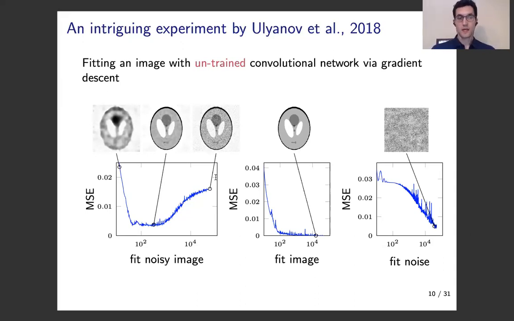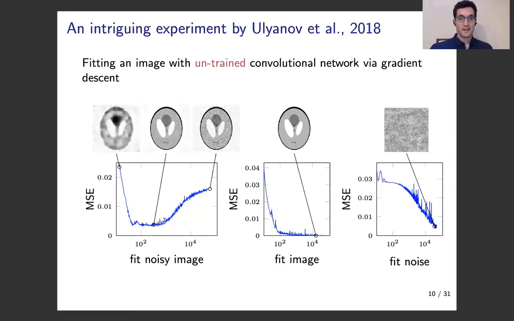In this case, the mean square error is with respect to the clean image. Based on this observation, what we can do is use this as a denoiser. We can just take such a network, fit it to a noisy image, and then just stop after a few iterations. The hope is that after a few iterations, we get a clean image back.